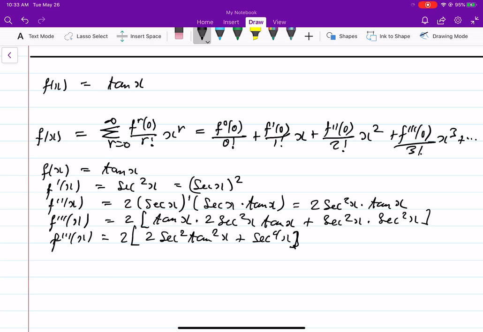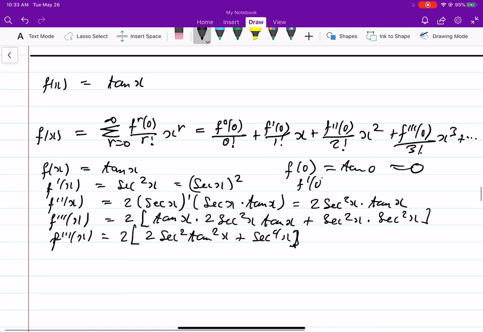All right, so let's evaluate each one. f of 0 is tan of 0, which is 0. f prime of 0 is sec squared of 0. Now remember, sec is 1 upon cos, so that's 1 upon cos squared of 0. Cos of 0 is 1, so that's 1. f double prime of 0 would be 0 because the tan would be 0.